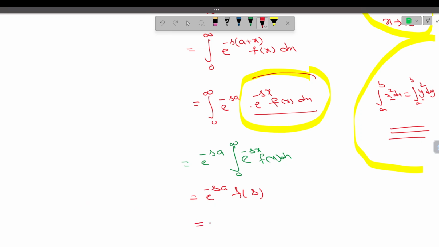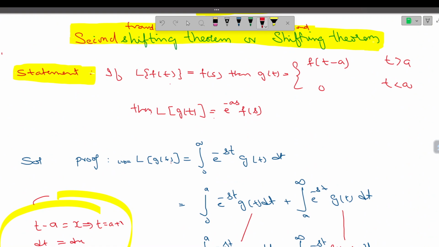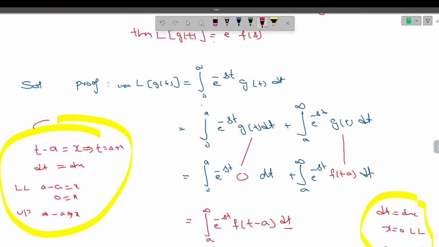Therefore, the Laplace transformation of g of t is the integral from 0 to infinity of e to the power of minus st g of t dt. It is a signum function, so two parts: one function having two phases. One phase is 0 when t is less than a, and the other phase is f of t minus a when t is greater than a. Then we split the integral from 0 to infinity into 0 to a and a to infinity.